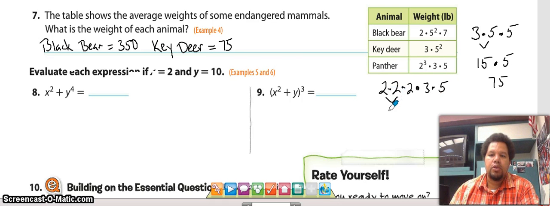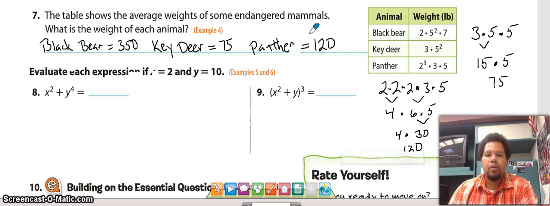Okay, so 2 times 2 is 4. 2 times 3 is 6. Then bring down the times 5. Then we can go either way. 6 times 5 is 30. And then 30 times 4 is 120. Okay, so the panther is 120.